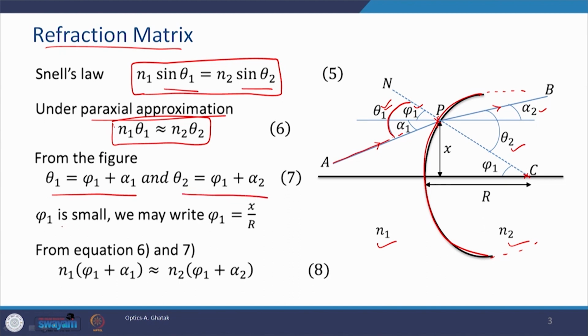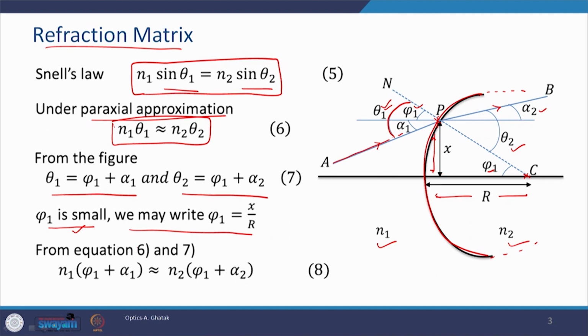Now since we are in the paraxial regime, phi 1 is small, and therefore from the figure we can write phi 1 is equal to x by r, where x and r are the height of point P and the radius of curvature of the spherical surface respectively.